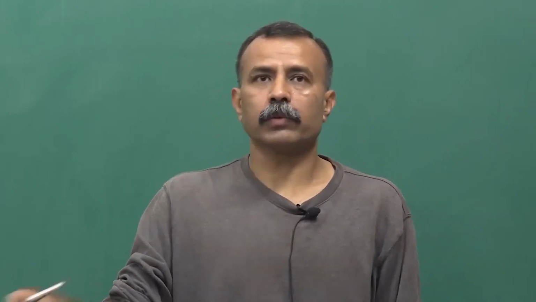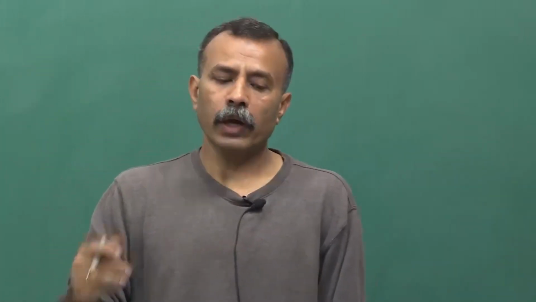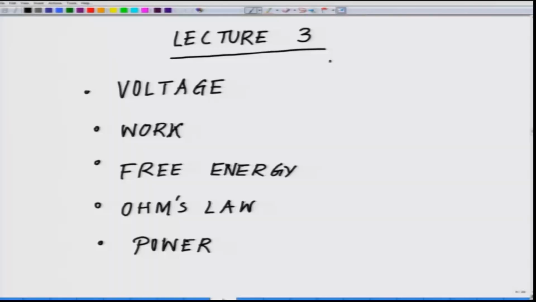What is the power? We talk about, say, milliampere hour. What does that mean? So, we will be dealing with these basic terms today, before we move on to the galvanic cell, which will be our next class, and subsequently the Nernst equation.